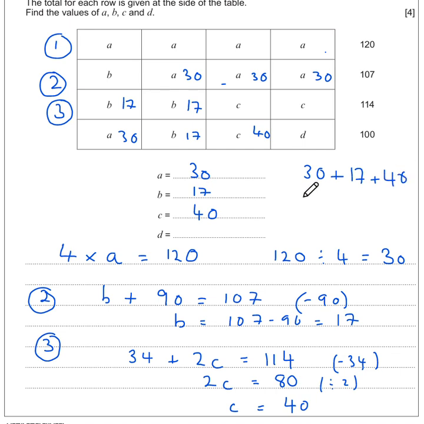So if we add up those ones, it's going to give us 87. So we know that these 3 together add to 87. So if we want to work out D, we're going to take this 100, subtract 87, and that is going to give us 13.